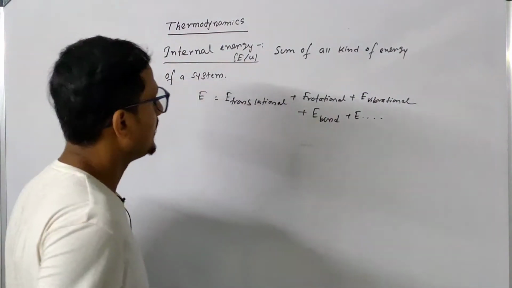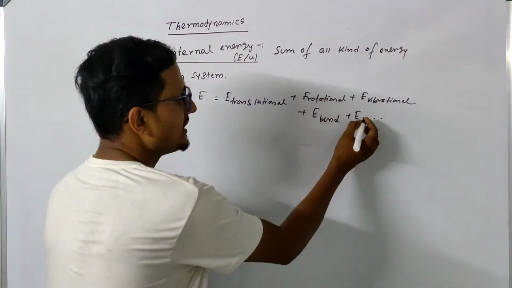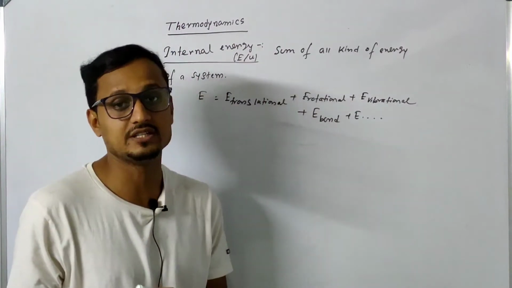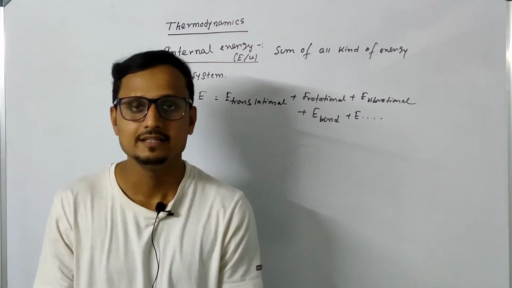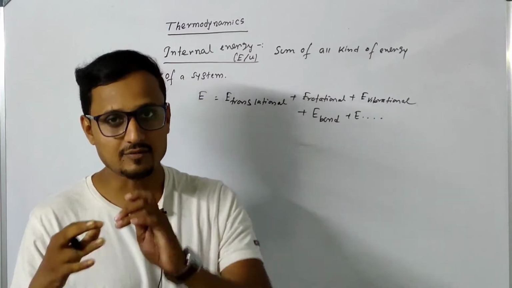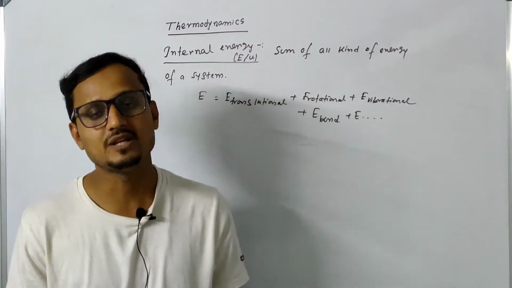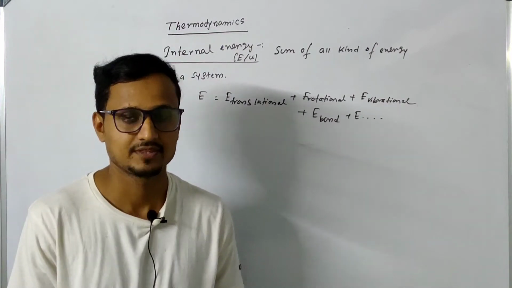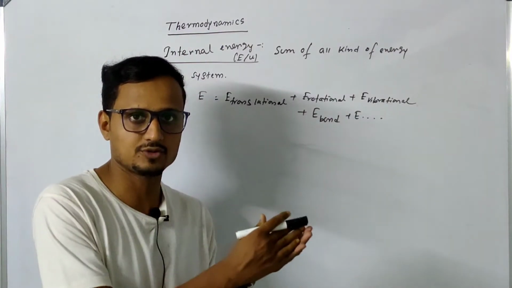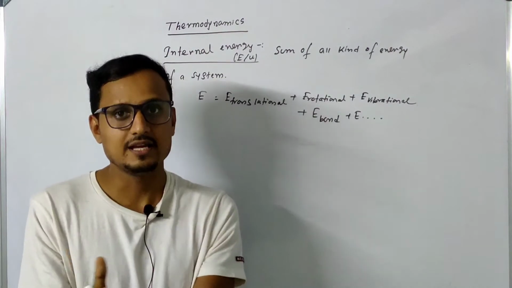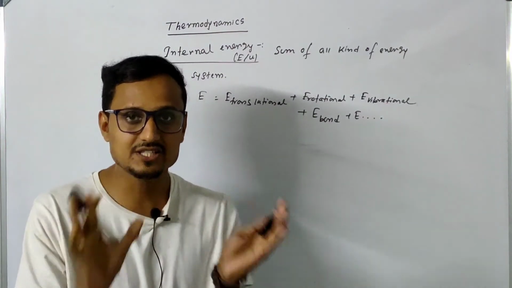Now we cannot measure the absolute internal energy. This one we have to keep in mind: we cannot measure the absolute value of the internal energy, but we can measure the change of the internal energy of a system. When a system goes from one state to another state, its internal energy will change. That change we can measure.